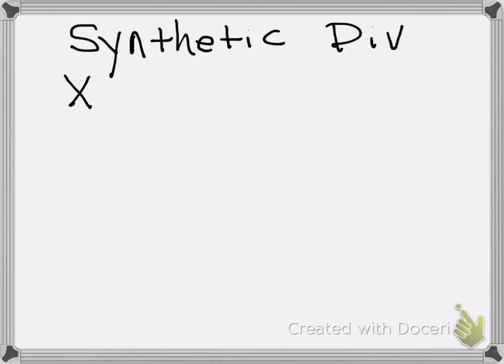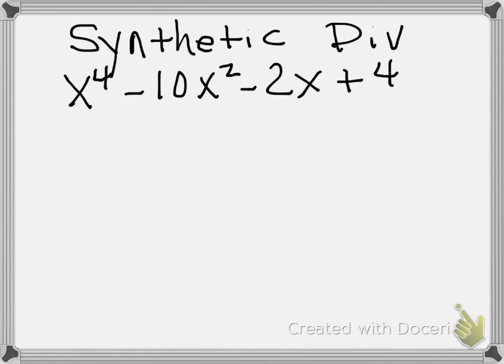So we're going to take this equation, x to the 4th minus 10x squared minus 2x plus 4. And we're going to divide that by x plus 3. Okay, so that's the problem.